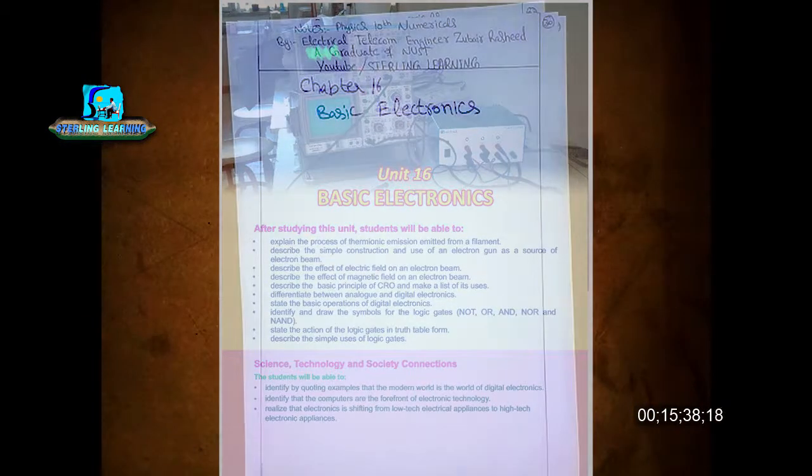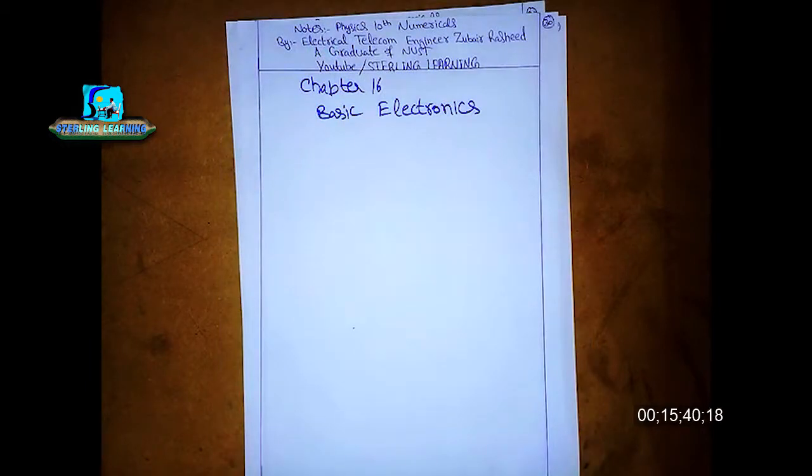In this chapter there is no numerical. You should say that proper numerical is none, but there are two conceptual questions that I have decided to include in my numerical lessons. So one is 16.7.